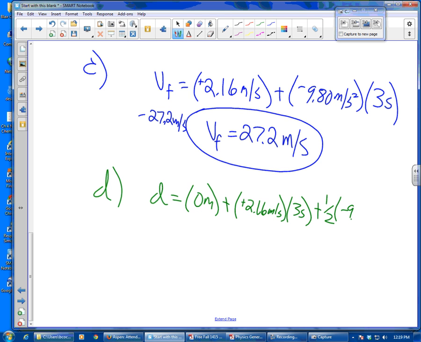Everything's the same except for that initial velocity, and 3 seconds squared. Do you think it's going to be further from it or closer to it? What do you think? Any opinions? Let's see.